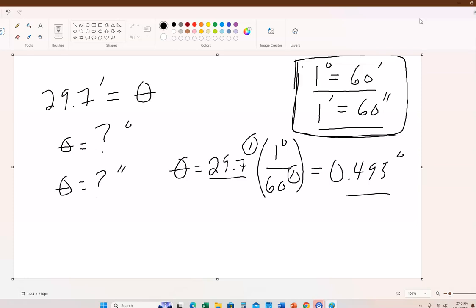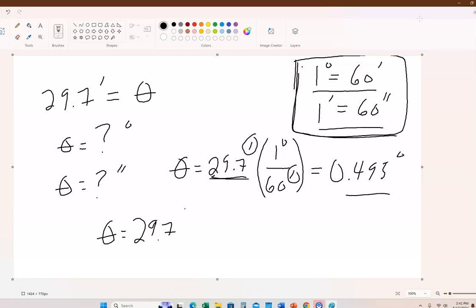Remember, this angle in arc minutes is the same as 0.495 degrees.